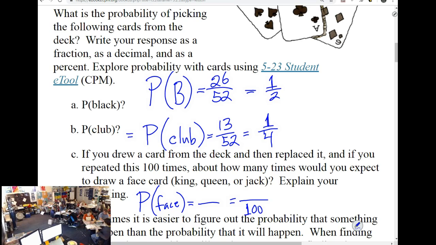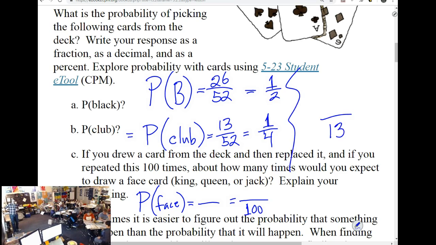In a suit, and my card players might need help, in a suit, how many cards are there? That's in the whole deck, in one suit. Brody, can you help us out? Do you know? Not face, just how many are in a suit? 13. So hey guys, in one suit, there are 13 cards.